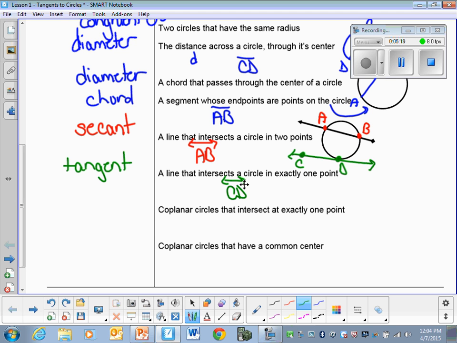Coplanar circles that intersect at exactly one point.